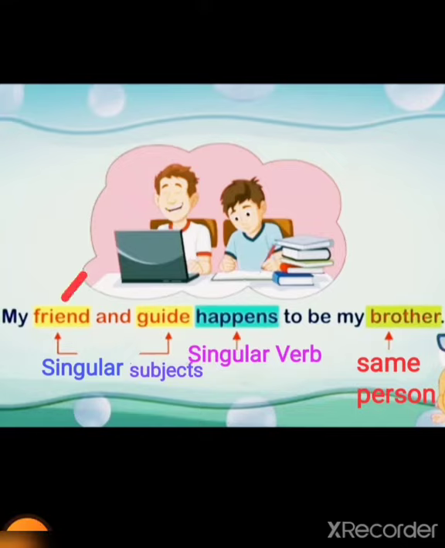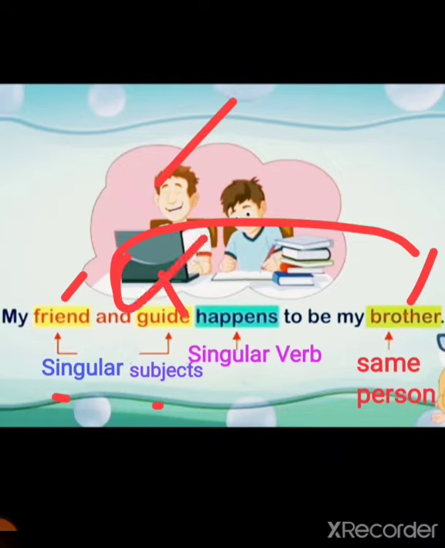So here, my friend and the guide, why is this a singular subject? Because I am referring to the same person, only one person, which is my brother. My brother is my friend and my brother is also my guide. So I am referring to my brother only with these two subjects.